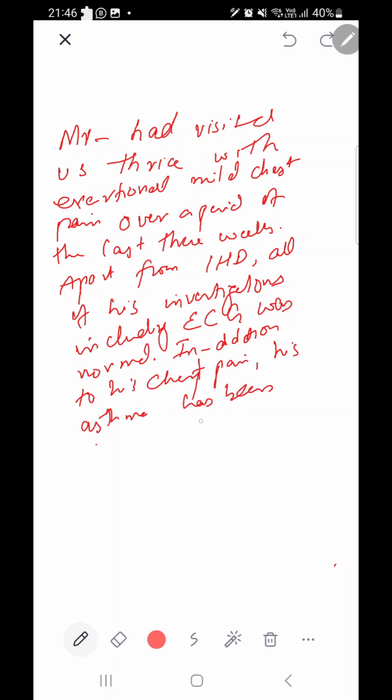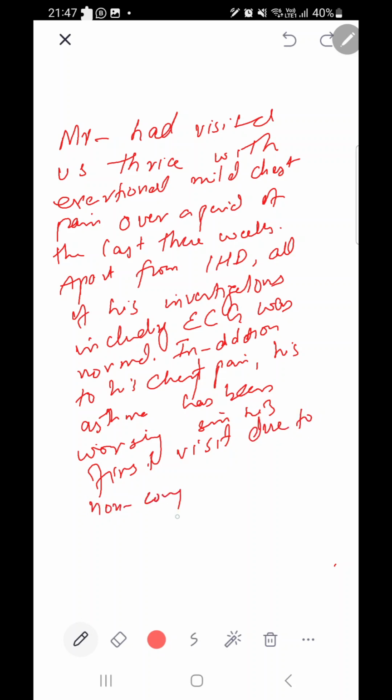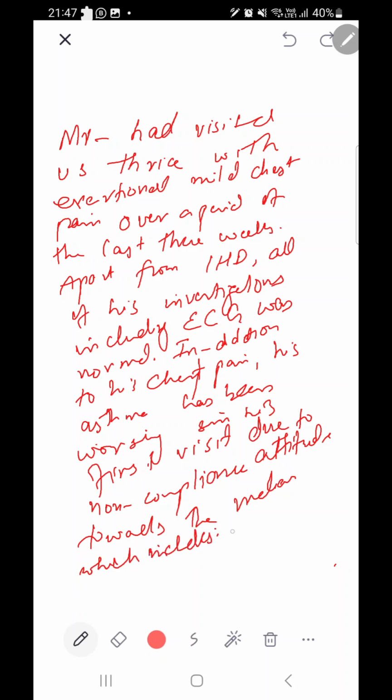has been worsening since his first visit due to a non-compliance attitude toward the treatment, which includes, you can write it down, or it can be ignored as well, as he has been a drinker, drinking some number of drinks per week, which has affected his compliance.